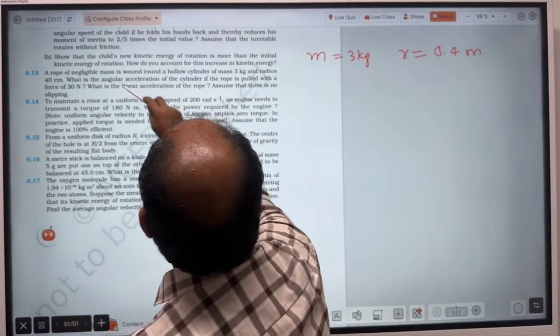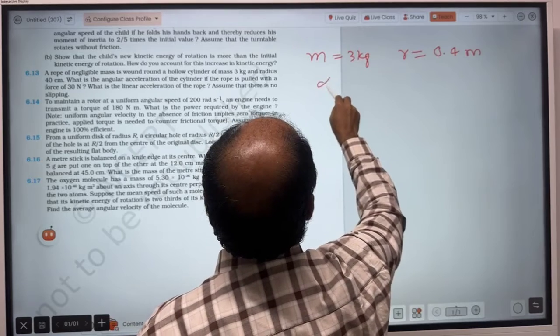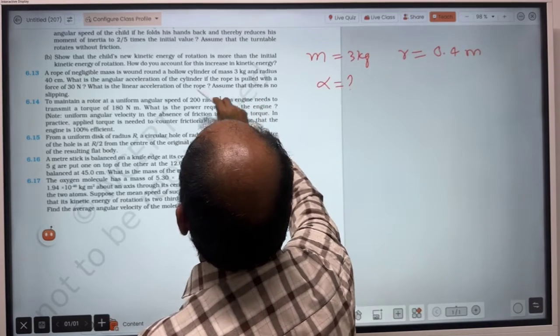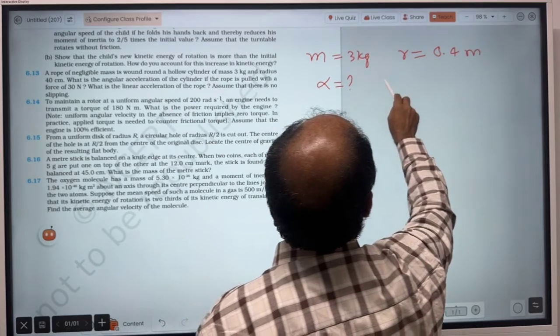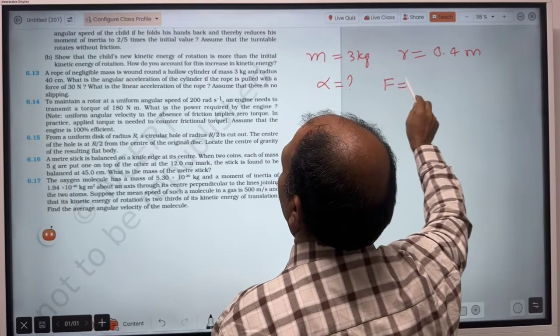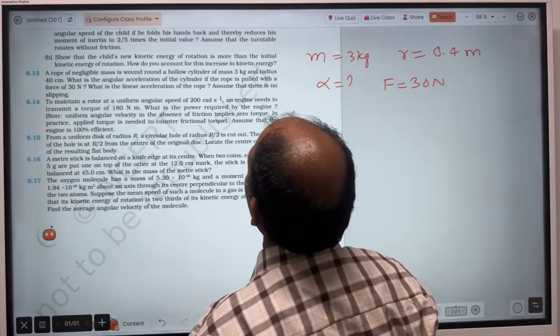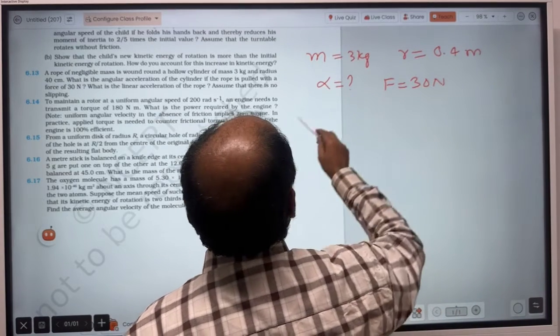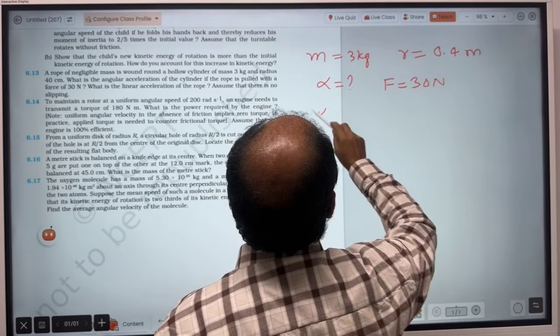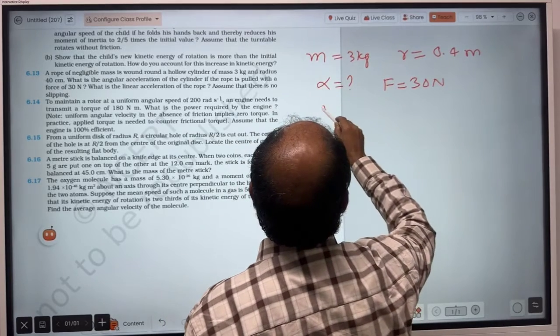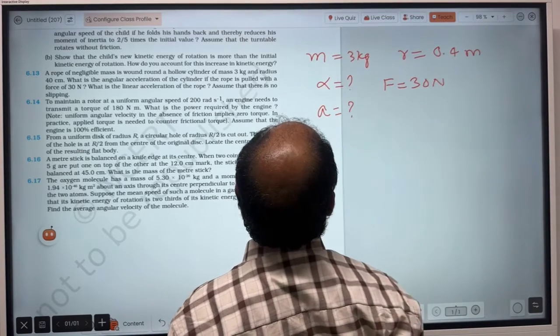Then angular acceleration is to be found and F is given as 30 Newton. And what else? What is linear acceleration? So linear acceleration A is also to be found.